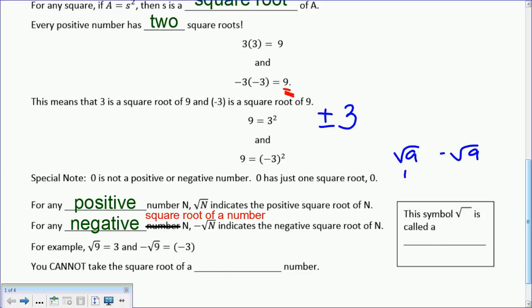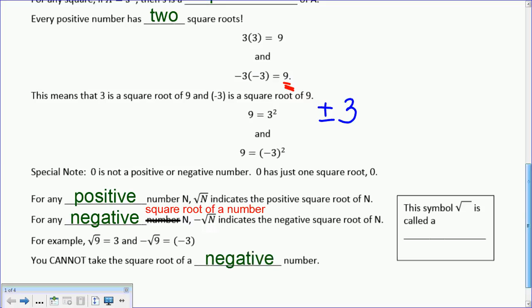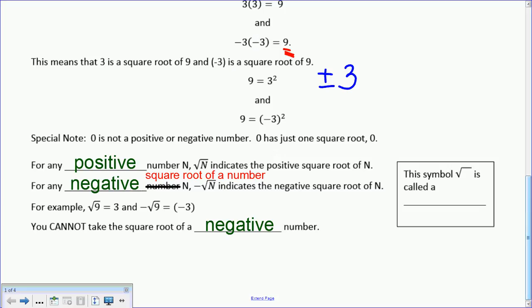This is positive or negative 3. This is just negative 3 because you're only taking the negative of it. All right, so that's what that means. You cannot take the square root of a negative number. When we say negative number, that means something inside the radical sign.